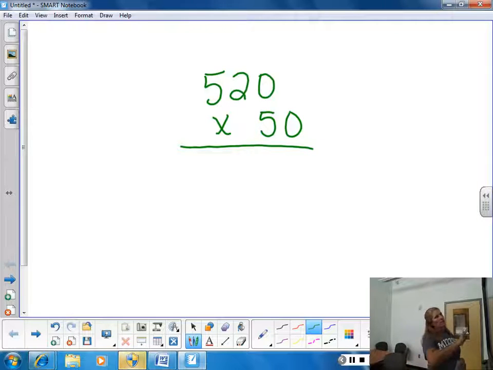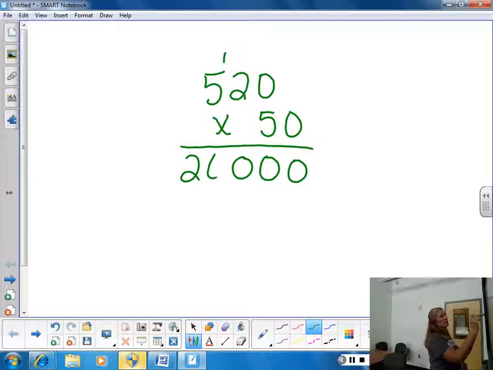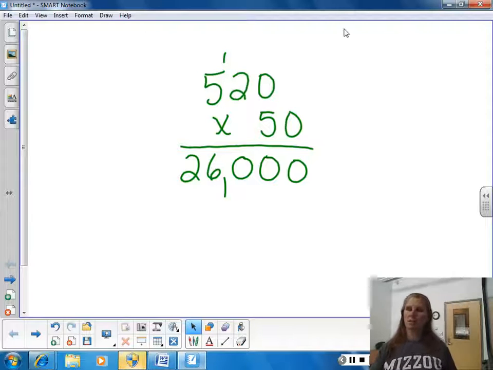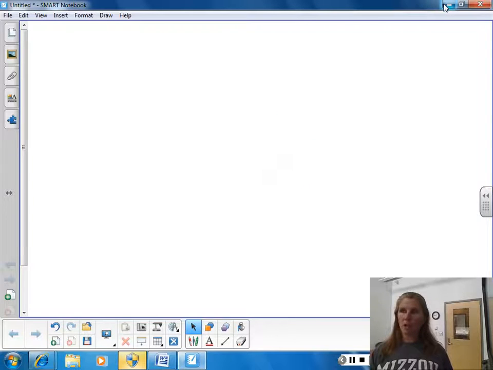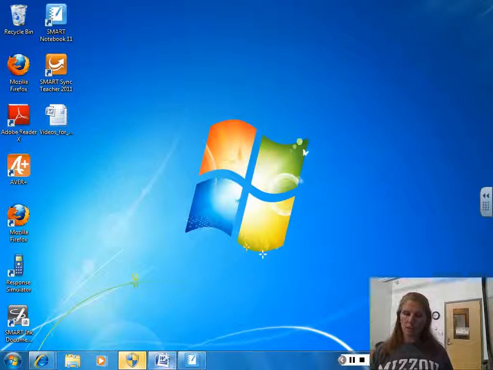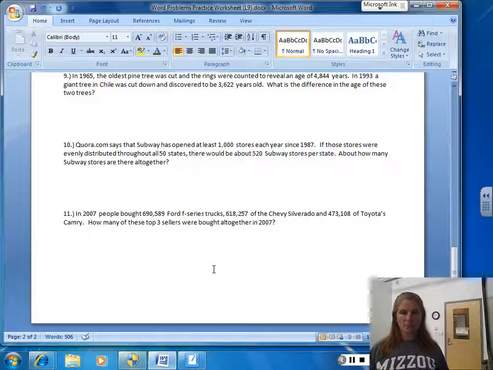Okay, I do this: jigger the 0 off to the side and drop it straight down. 5 times 0, 2 times 5 is 10, and 25 plus 1 is 26. So right now there's about 26,000 Subway stores all around. Plus there's ones in other countries as well. So that's just kind of interesting.